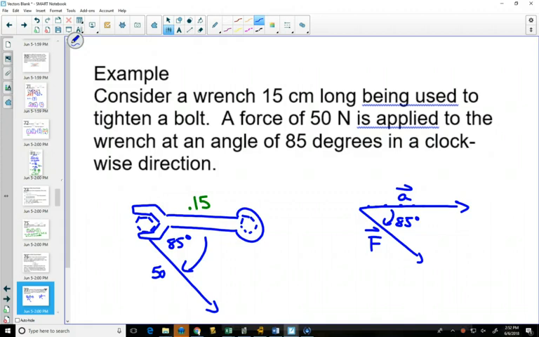So what's the first vector? The first vector is your wrench and the length of your wrench. You know that the longer the wrench you have, the more torque you're going to have on that bolt, or the less force you're going to need to provide the same amount of torque to that bolt.